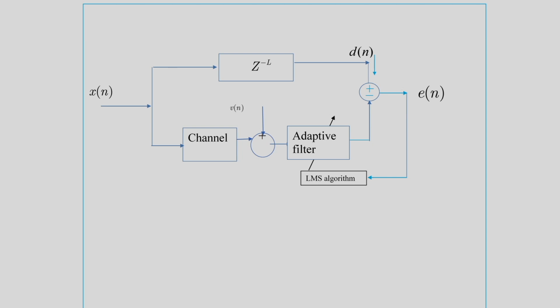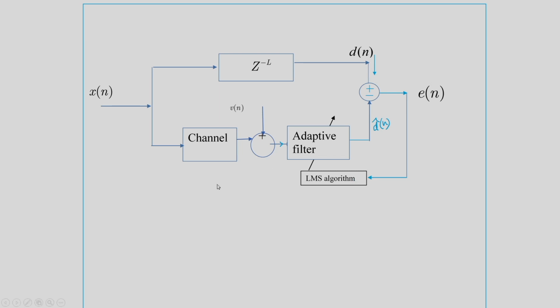So, this v[n] noise is added here, and the output is passed to the adaptive filter. The adaptive filter will estimate d hat n. So, d hat n will be estimated, and the error will pass over to the LMS algorithm. So, this is the channel equalization problem.